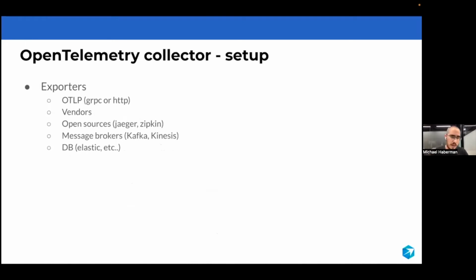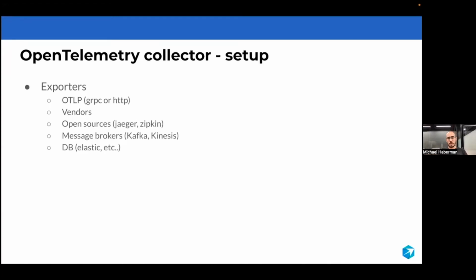You can find the OTLP way to export data. This is usually done when you're sending OTLP data from one collector to another. This is something that we will see later in this talk, that in some cases you're communicating from one collector to another. Again, gRPC or HTTP, however you prefer.